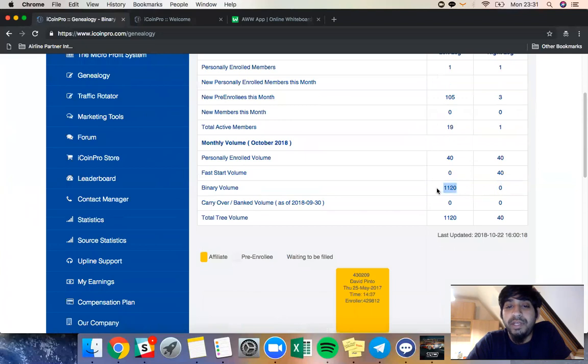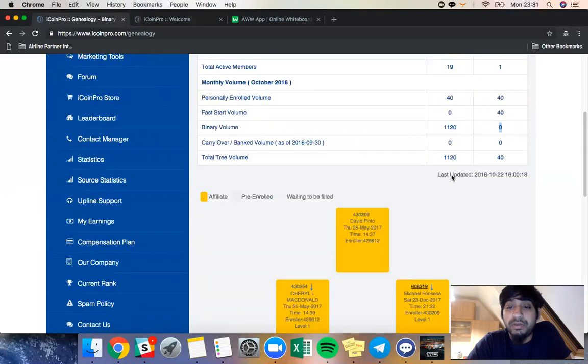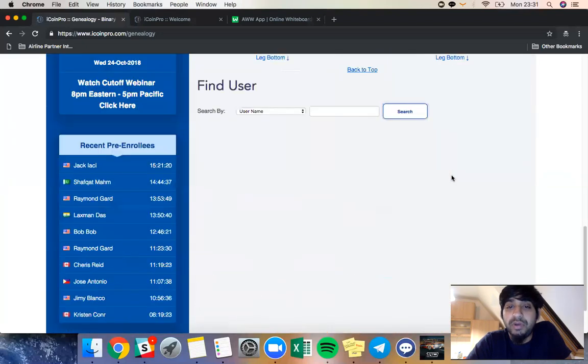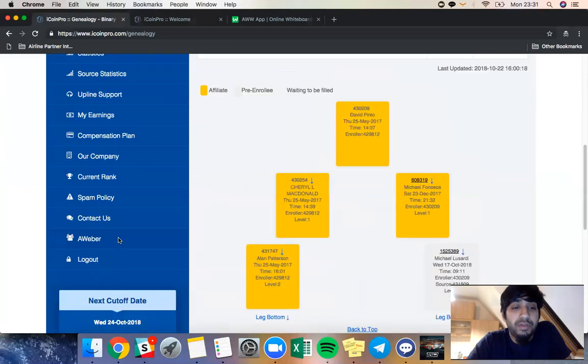Because on the left leg there are quite a few people, I need to put more people on the right leg here. So let's see what happens and see how it's going to be built out. But definitely, I have some work cut out for me in the next few months to get the same strategy that I'm talking about. Okay, so this is the compensation plan, guys.